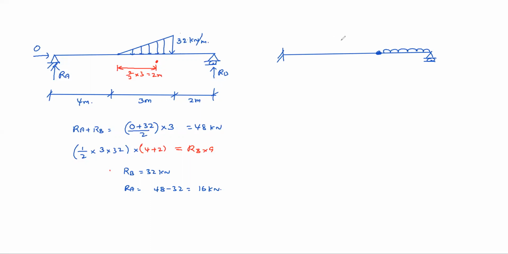It may also have an inclined load, something like this, 30 degrees, some 20 kilonewtons here, and 15 kilonewtons per meter, with spans of 3 meters, 3 meters, 3 meters. For this inclined load, you can find the horizontal component and vertical component to find the reactions.